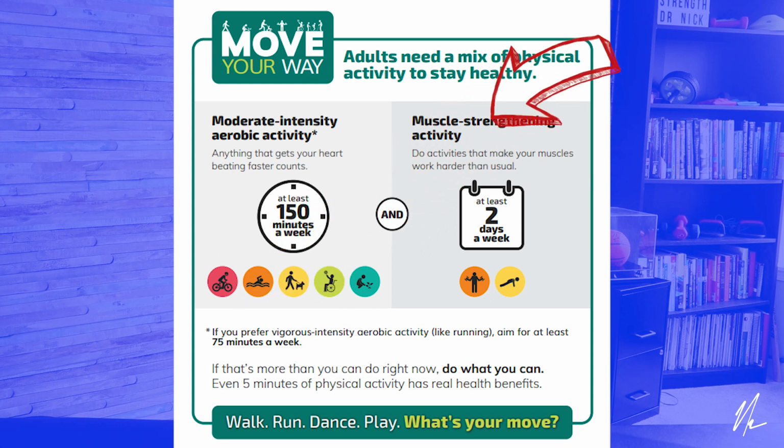Adults should also perform muscle strengthening activities of moderate or greater than moderate intensity that involve all major muscle groups on 2 or more days a week, as these activities provide additional health benefits.